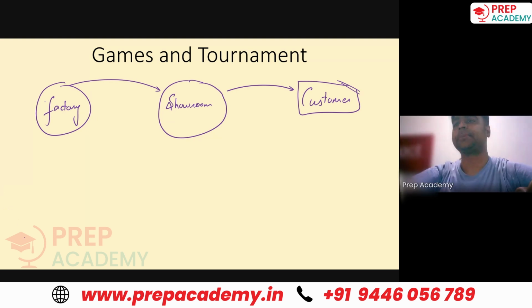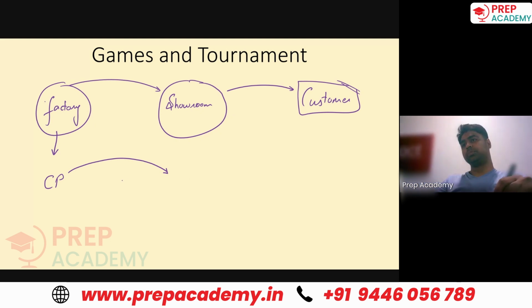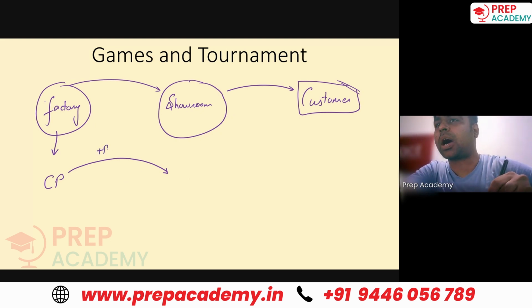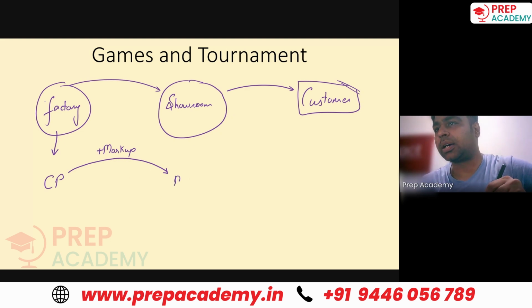Let's talk about that. So in the factory, whatever I am making, that is going to be my cost price, right? Now, before selling to the showroom, what will I do? I'll try to mark up my cost price by putting a tag on it.